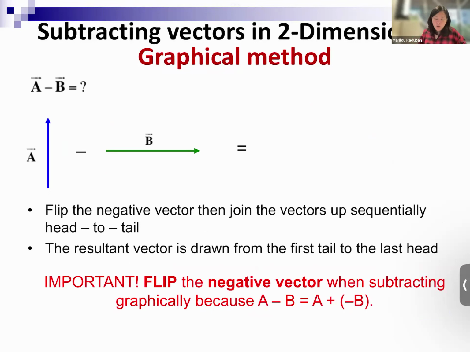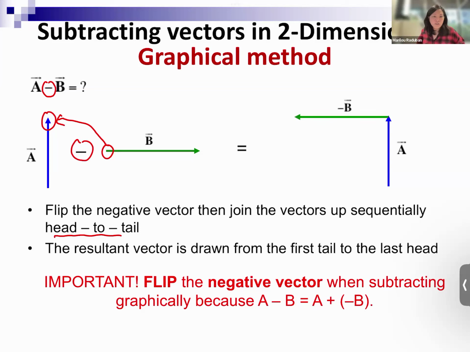Now, when you're subtracting, you again have these two vectors, except that you are subtracting vector B from vector A. Similarly, you join them up sequentially head to tail, meaning the tail of vector B joins up with the head of vector A. So you draw your vector A. This time, because vector B is negative, a negative sign means that you have to flip the vector.